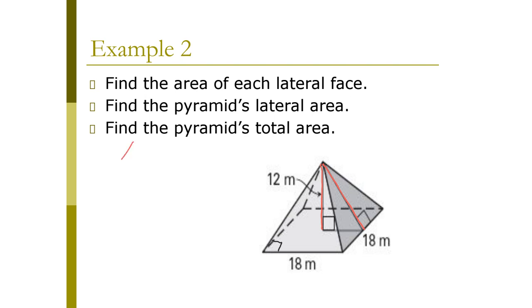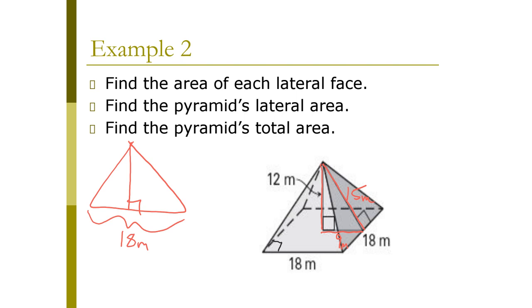So if I'm isolating this triangle, I know that this is 18 meters, but I don't know what the height of that triangle is. Let's figure that out. Well, this right here is going to be halfway across the square, so that's 9 meters. This is a 9, 12, 15.